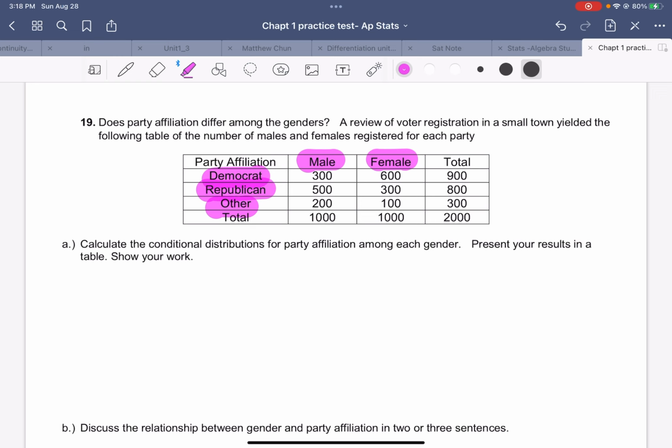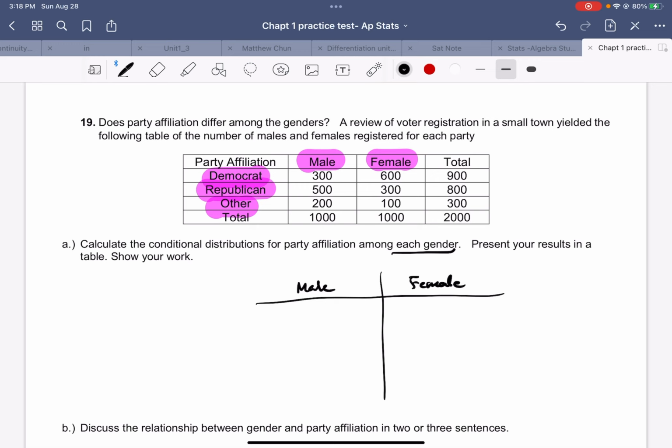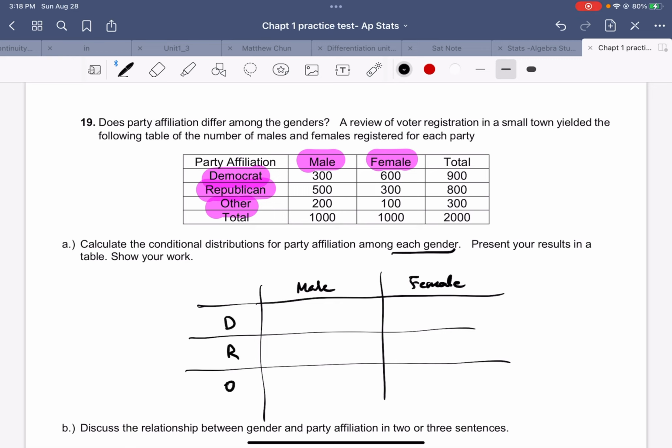So, okay, A. Calculate the conditional distribution for party affiliation among each gender, and then present your result in a table. So you can say in the table by gender, male, okay, and female. So then each party, okay. So you can say Democrat and Republican or other.